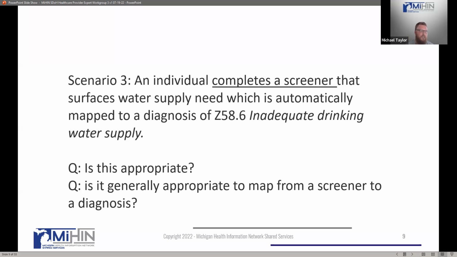So the question then is, is this an appropriate scenario, that we're automatically mapping based on the patient's answers to a questionnaire? And is it generally appropriate to do that? And we're talking specifically about social diagnoses, not getting into anything outside of Z55 to Z65.